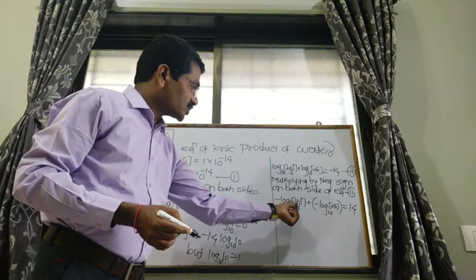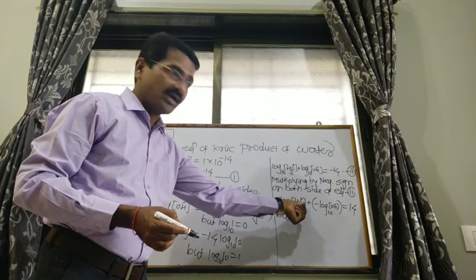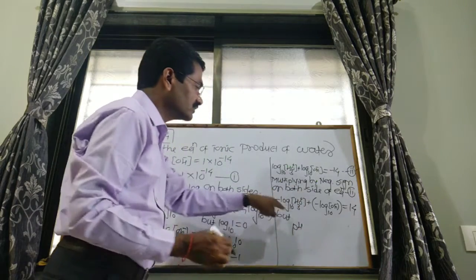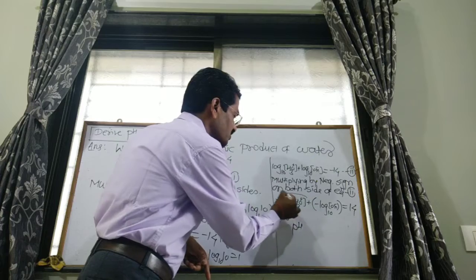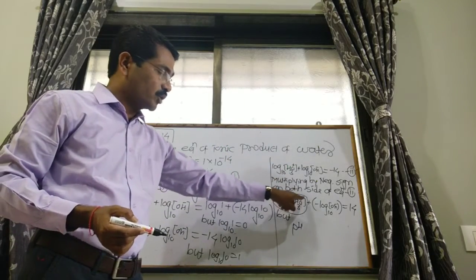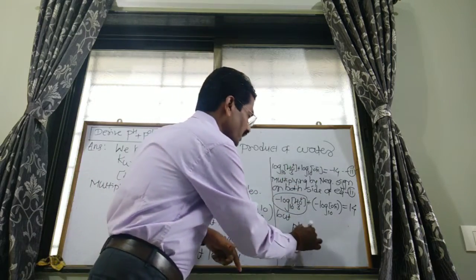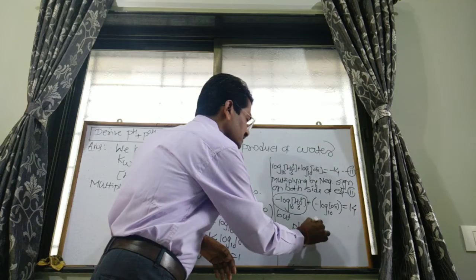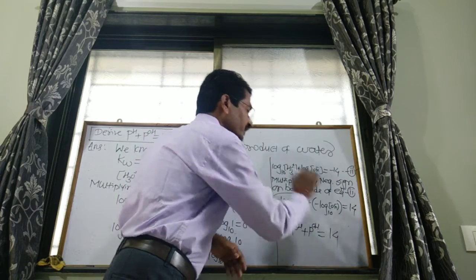Minus log of the concentration of hydronium ion is the pH, and minus log to the base 10 of OH- is the pOH, and the sum is equal to 14.